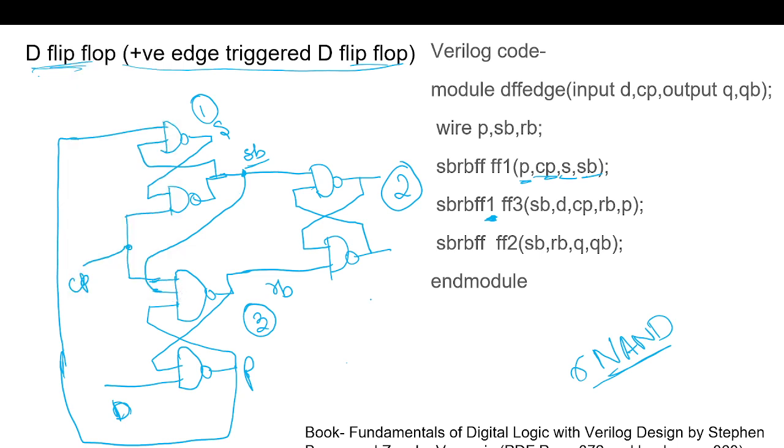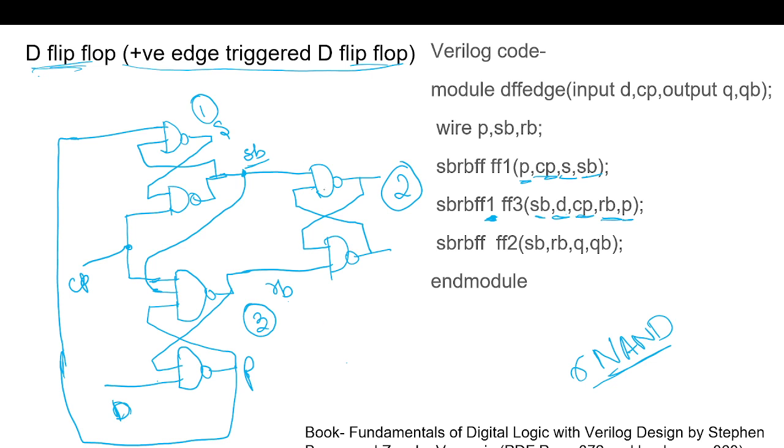The other input is P, whose output is R and P. Input is SB and another input is D and another input is CP.